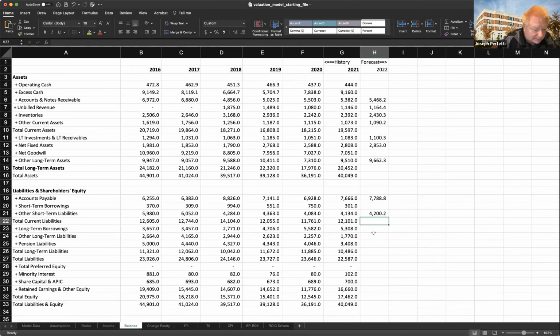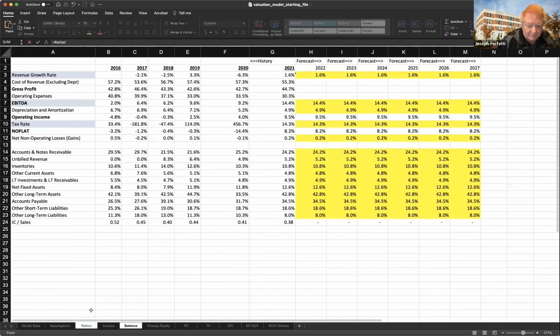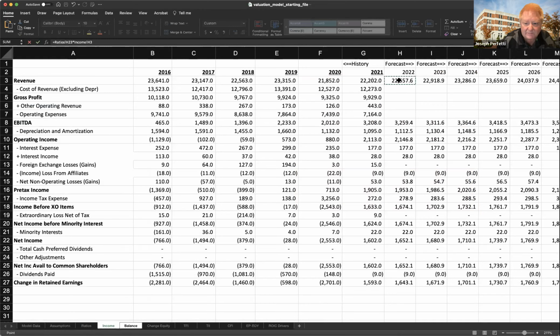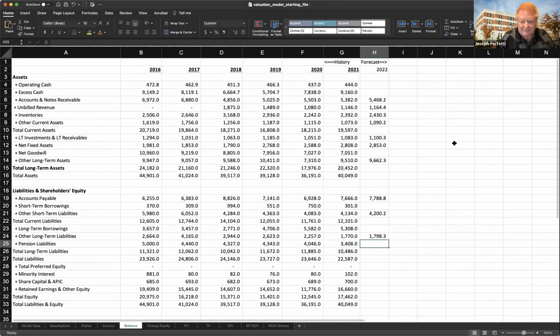And finally, other long-term liabilities equals ratios H23 times income H3, 1,798.3 of other long-term liabilities. So basically, we've just taken those 11 ratios and created 11 different forecast balance sheet items for 2022.